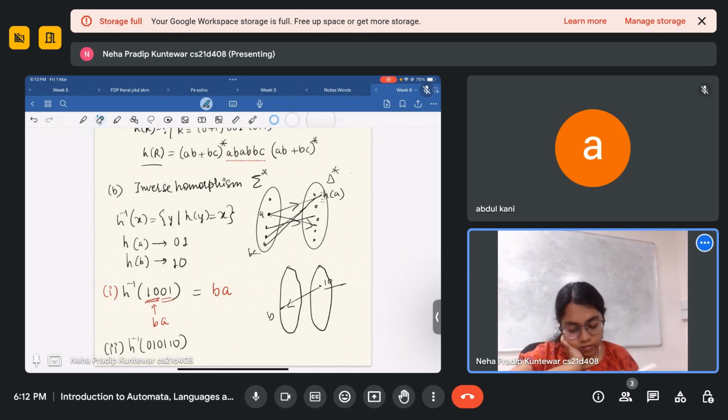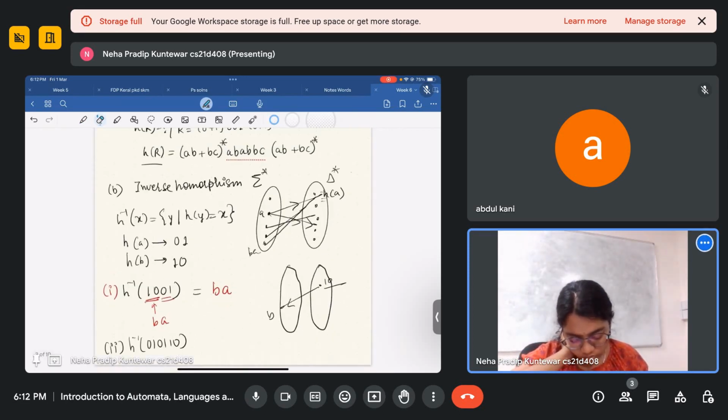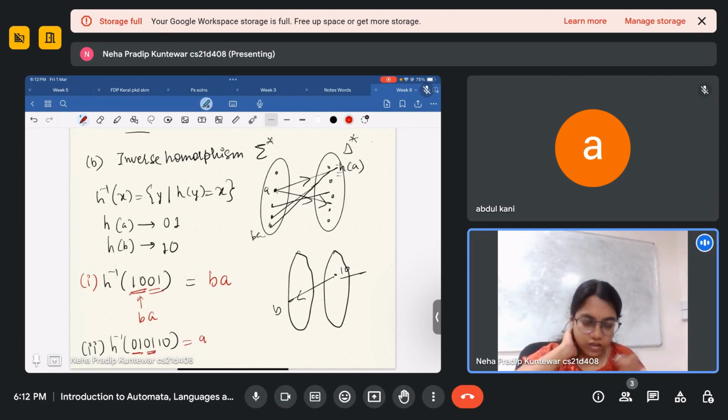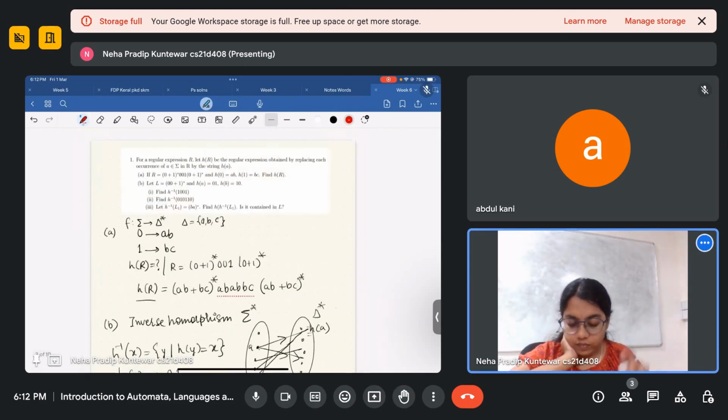Okay, so let's see. Again it's the same idea. If you look at 0 1, it can only come from A, so that's what you have. Then again, the next occurrence of 0 1 can only come from A, and then you have 1 0, which can only come from B. So that's the answer.